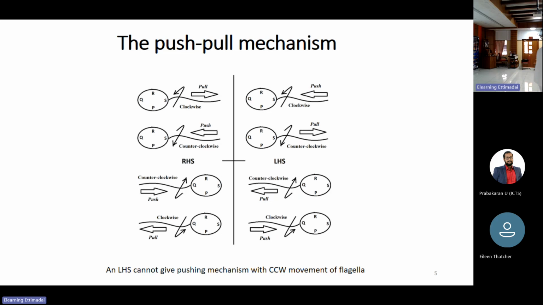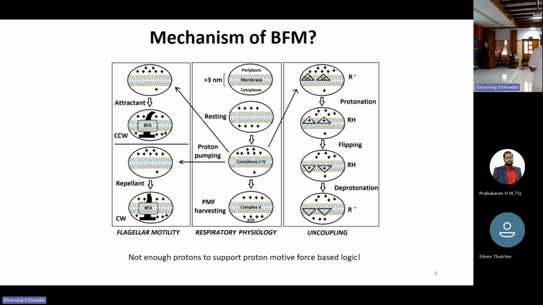But the observation is not that. The observation is that the left-hand screw is pushing by counterclockwise motion. So that is not real. That cannot be real.